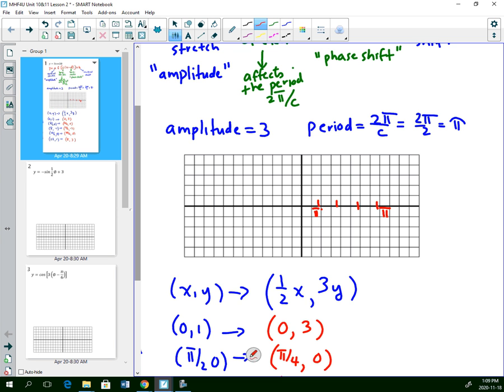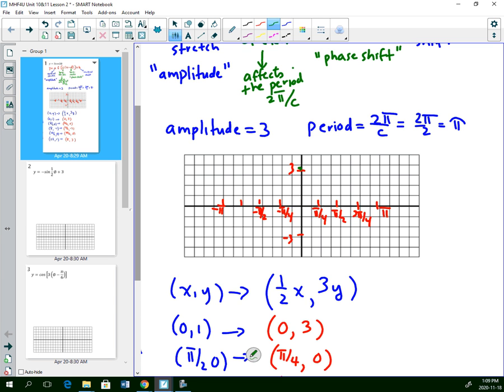So this would be pi over 4, pi over 2, 3 pi over 4, and pi. And I'm going to do the same to the left. You need to be able to get in 2 cycles. It doesn't matter whether you go 2 cycles to the right or if you go 1 cycle to the right and 1 cycle to the left, as long as you get it in twice. We have to go up to 3 and down to -3.